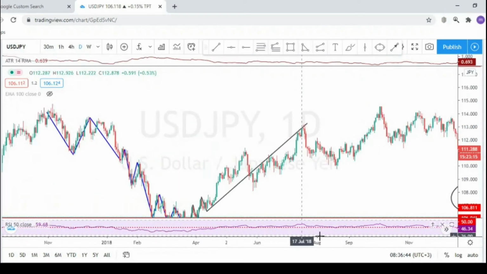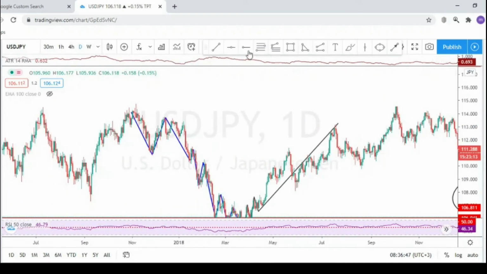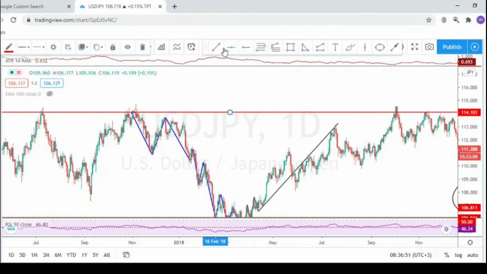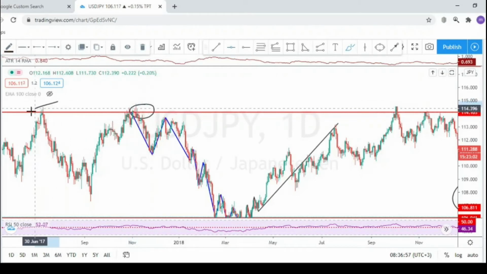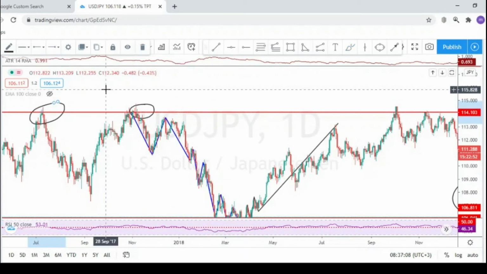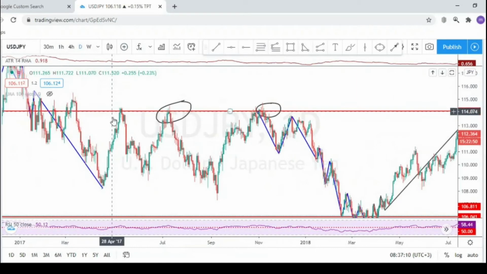Then when it reaches this dynamic key level of resistance, this level was tested here as resistance here and respected. This is a level that has made a big push to the downside. This also level has made a big push to the downside, and if we go to the left, still here made a big push to the downside.